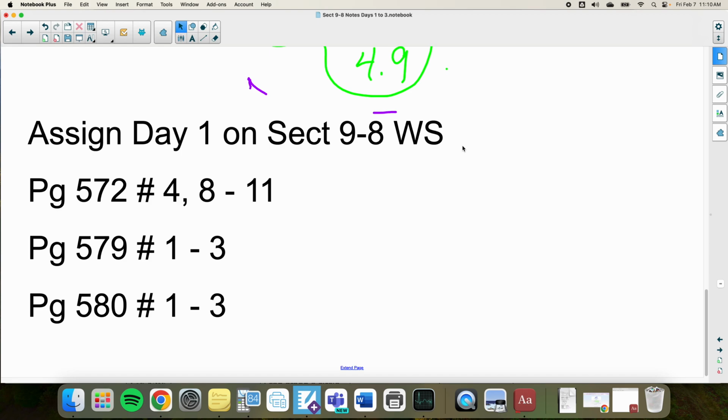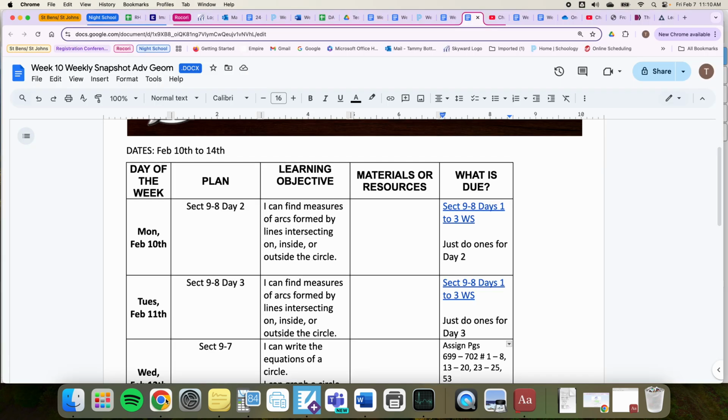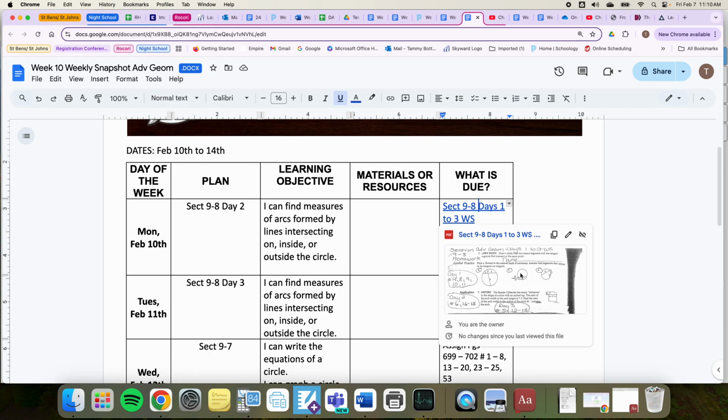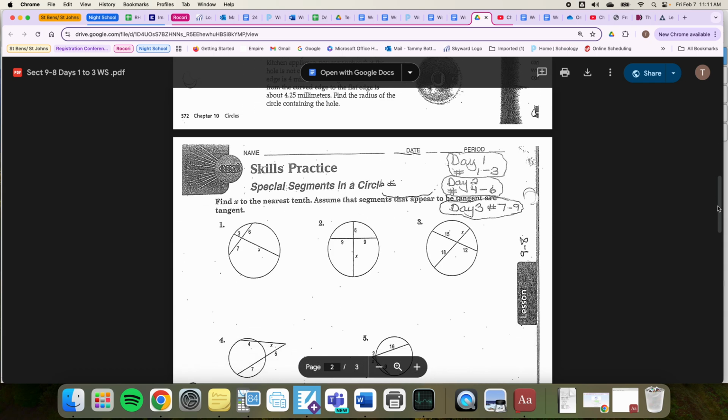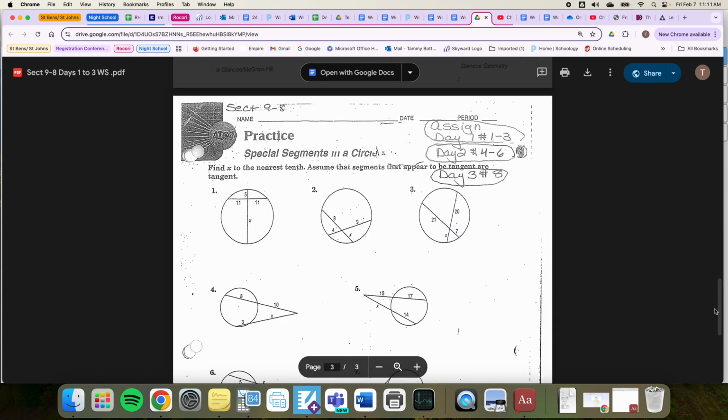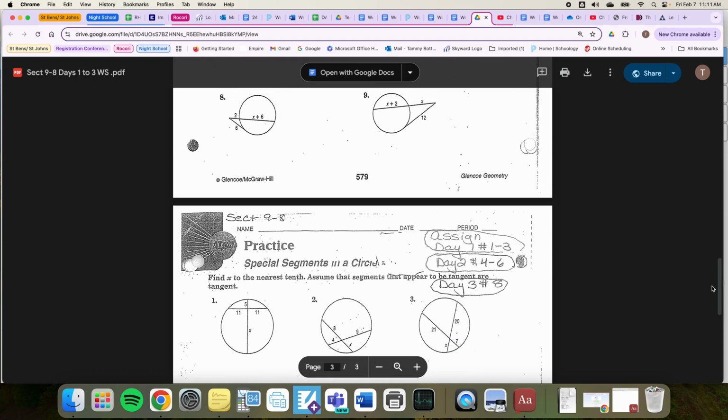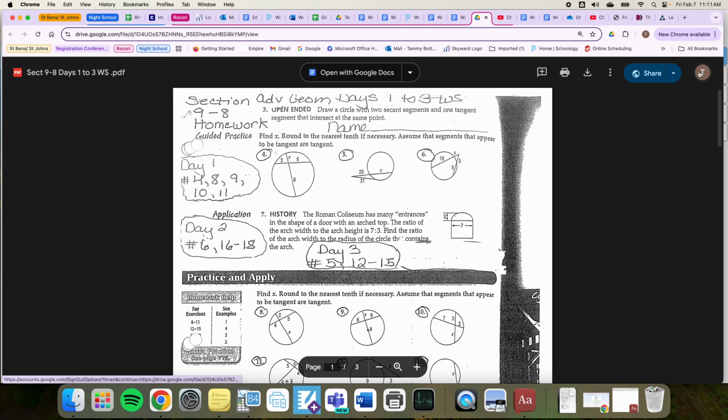I'm going to go to Schoology and just make sure that is correct. So here's day 1, and then when you go up 1 to 3 and 1 to 3. So just do the ones for day 1. Sound good?